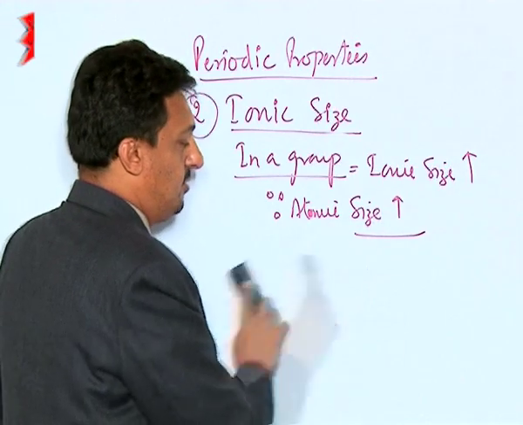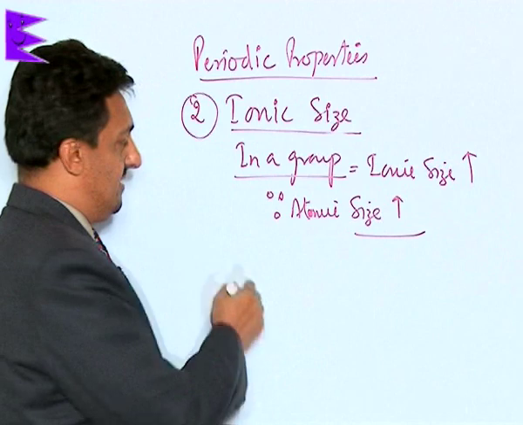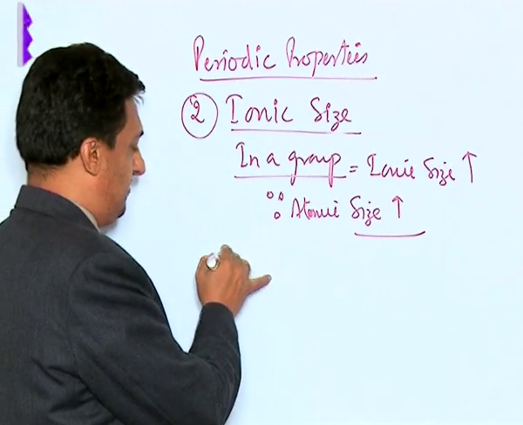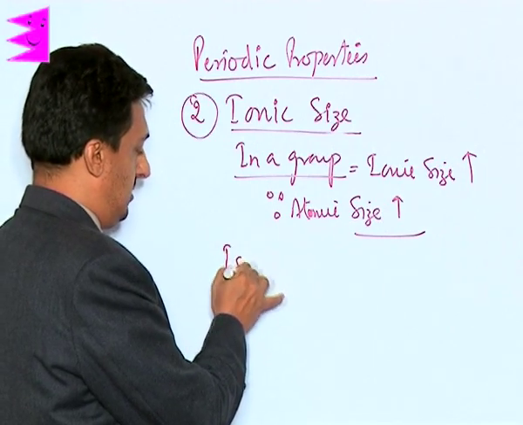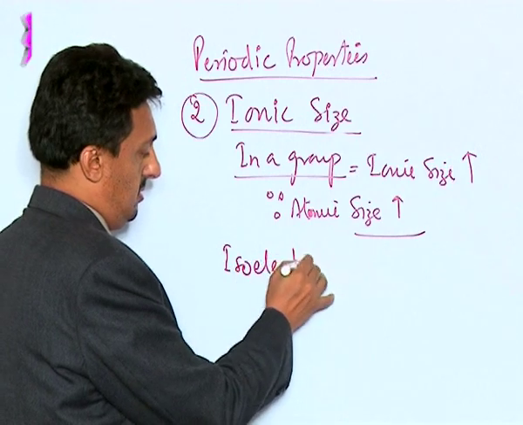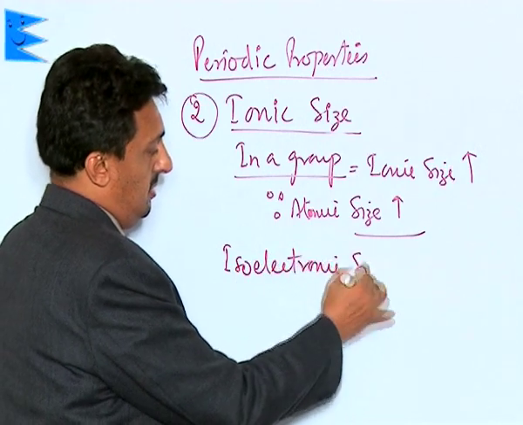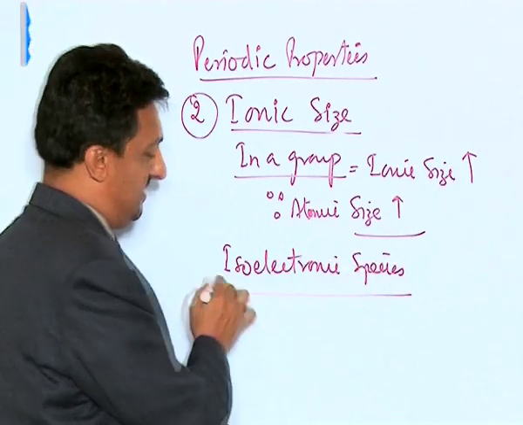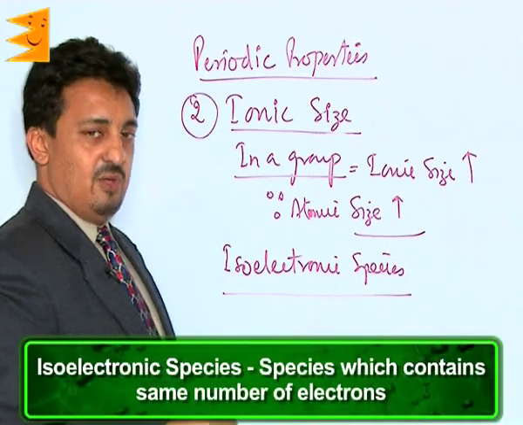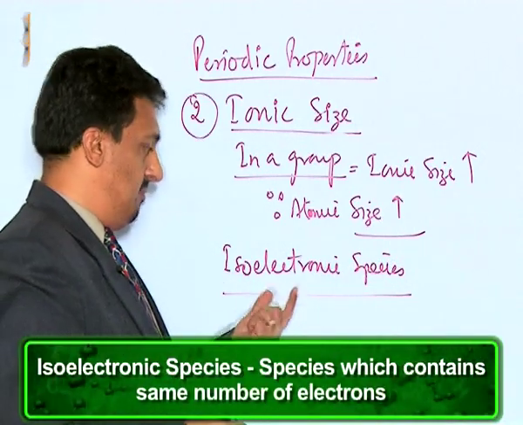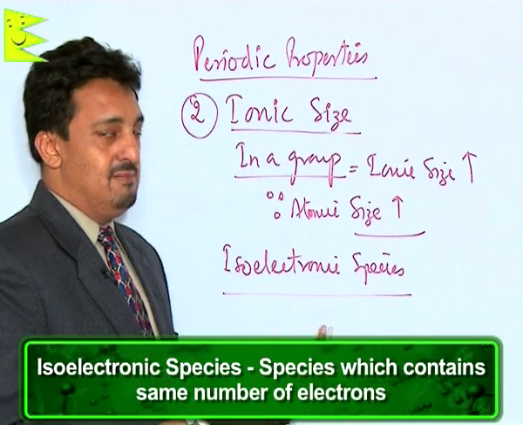What is more important to note in this case is the special type of species which are called isoelectronic species. What are isoelectronic species? The species, maybe cations or anions, which contain the same number of electrons.